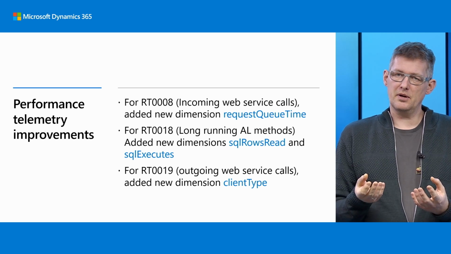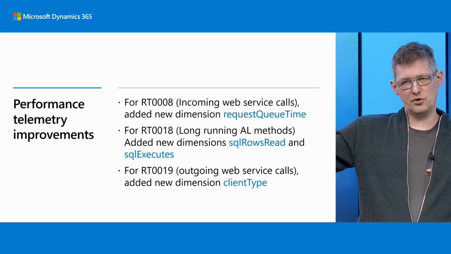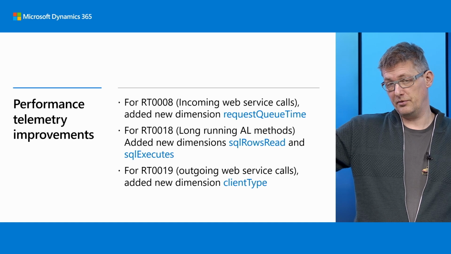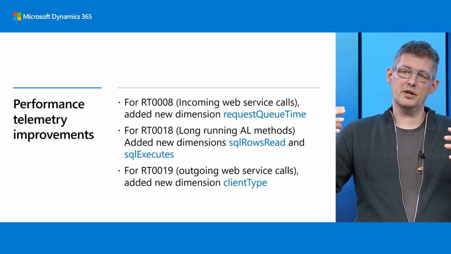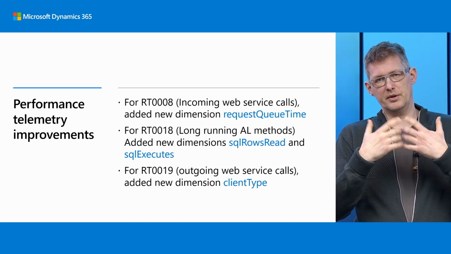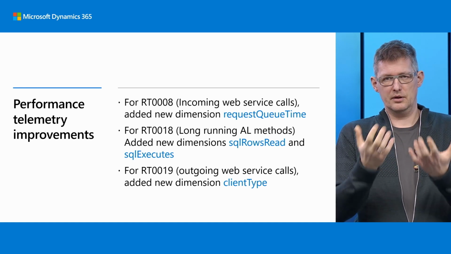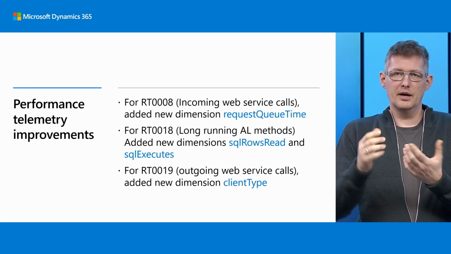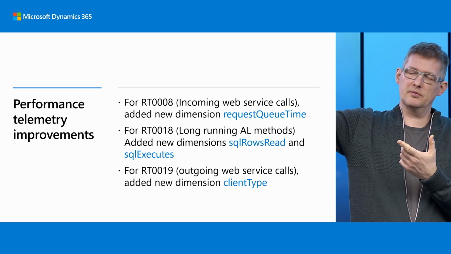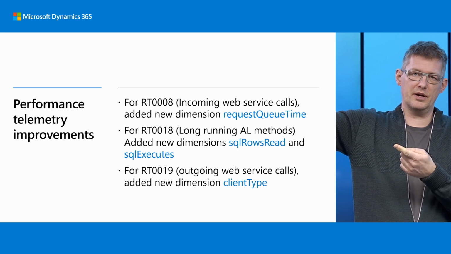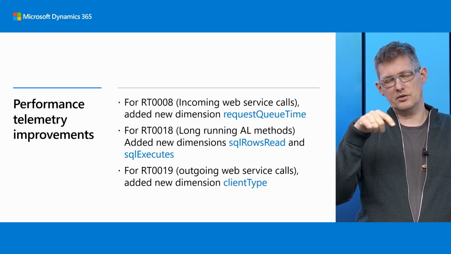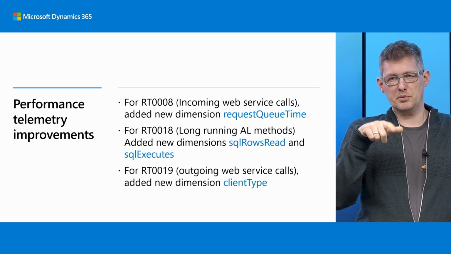This is important because outgoing web service calls block the UI thread. So if you have code that runs with someone using the web client or any client, and you wait for some service out there for 10 seconds, that user will just see a spinning wheel.